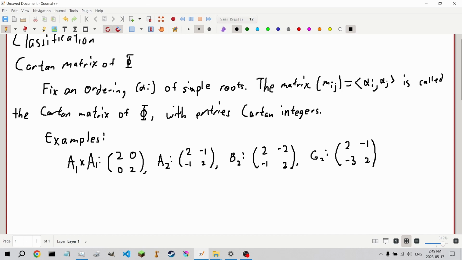Now, of course, the matrix is going to be slightly different depending on the order in which you determine roots, but that's not really important for any of the properties we need of this matrix.